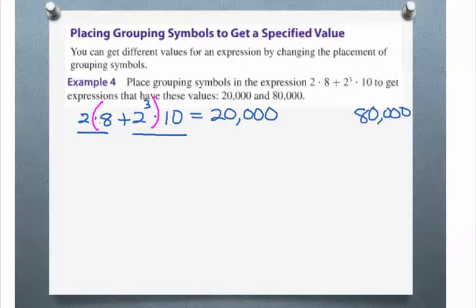So 2 to the third power. We do the exponents inside there. 2 times 2 is 4, times another 2 is 8. I'm getting ahead of myself and saying the wrong things. Then times 10 and then times 2.